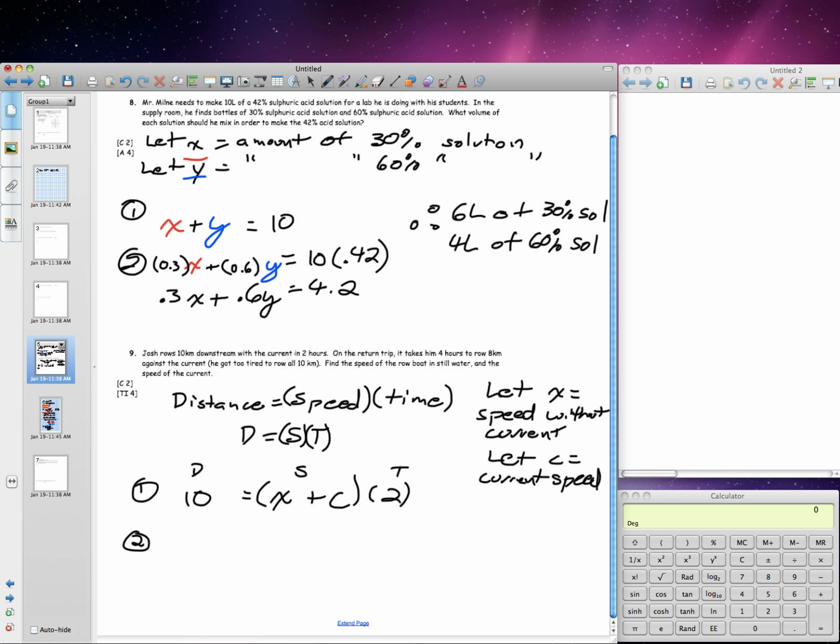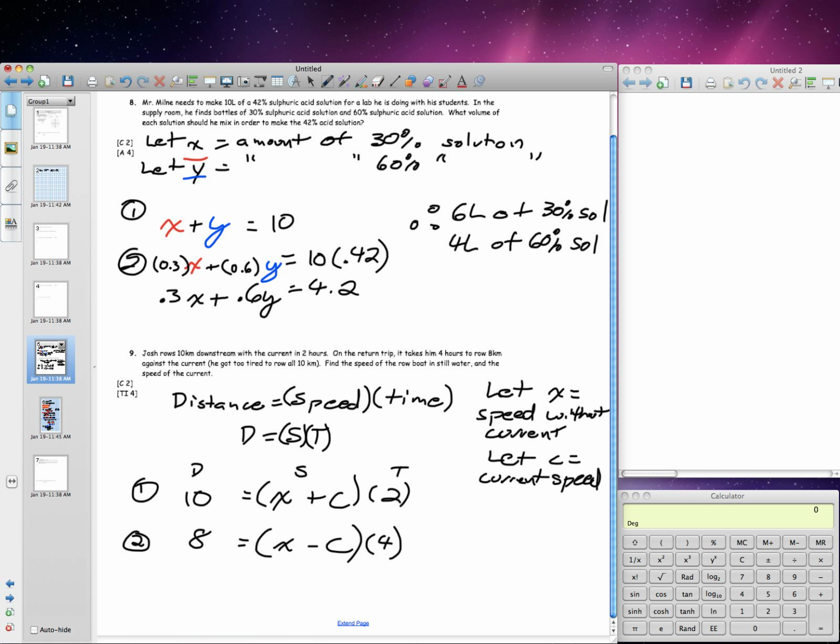In the second equation, he only goes a distance of 8 kilometers. He's rowing upstream, so the current is working against him. It's slowing his speed down, whereas in the other example it was speeding him up. And it takes him 4 hours to do this trip. So we've set this up with speed multiplied by time.